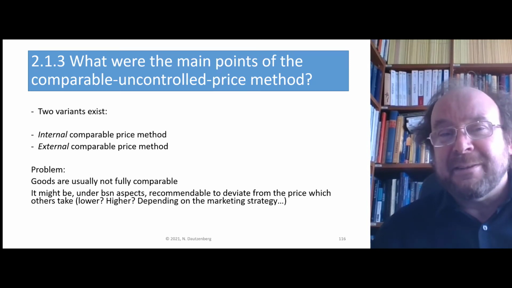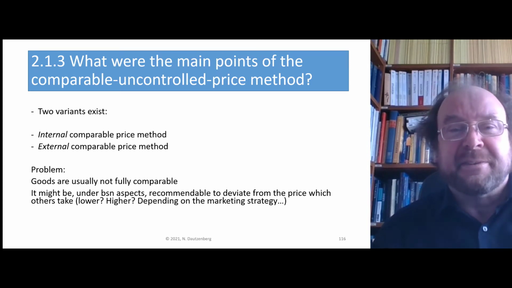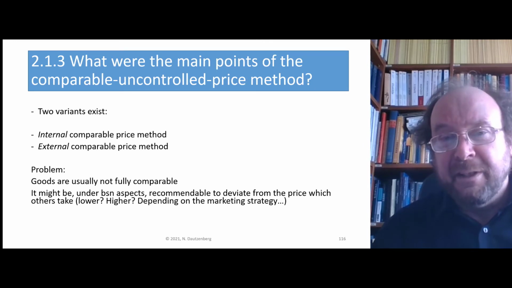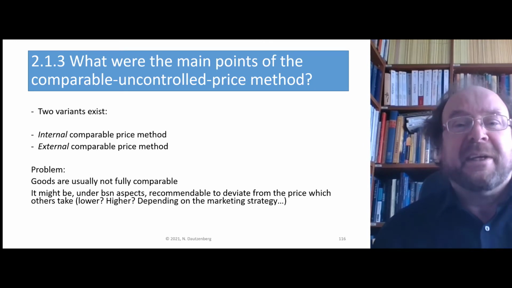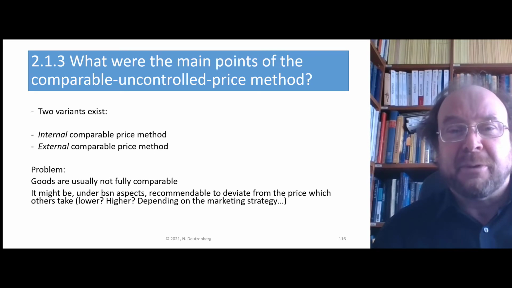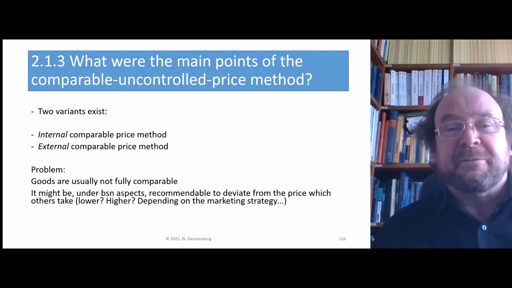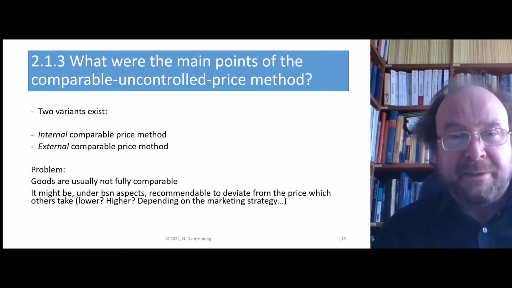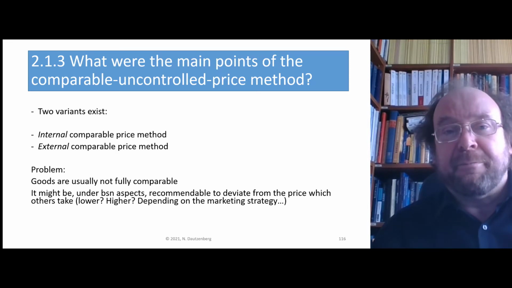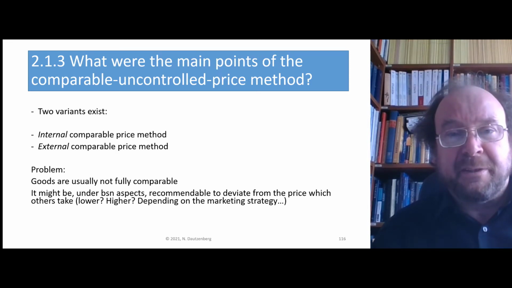So in case that you follow such a business strategy, it would be really contradictory to say, we can observe that our product is traded for a price of 100 in the market, so 100 is the price which we should take.